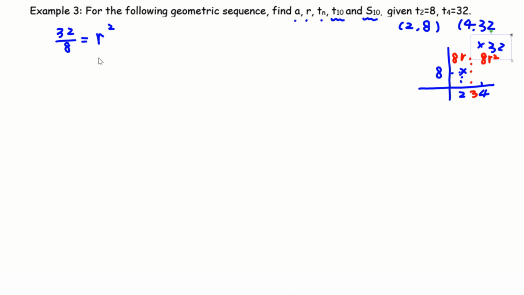Then we have r squared equals 4. Then we square root both sides. Remember, whenever you square root both sides, you have 2 solutions, plus or minus. So positive 2 squared is 4, and negative 2 squared is 4.